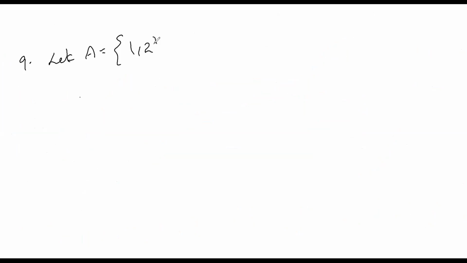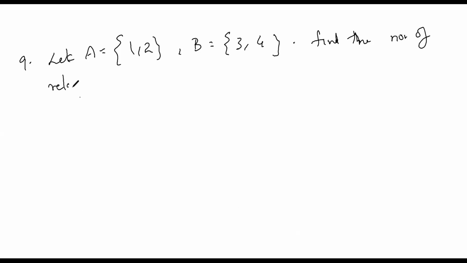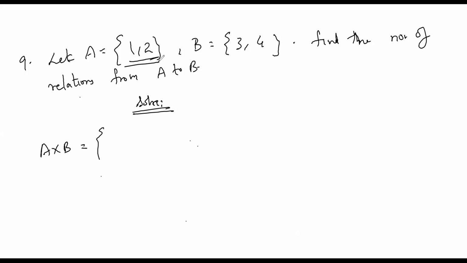Let A = {1, 2} and B = {3, 4}. Find the number of relations from A to B. So we have A cross B. Simple thing: if there are 2 elements it will be 2 square, and with 4 elements it will be 2 power 4.